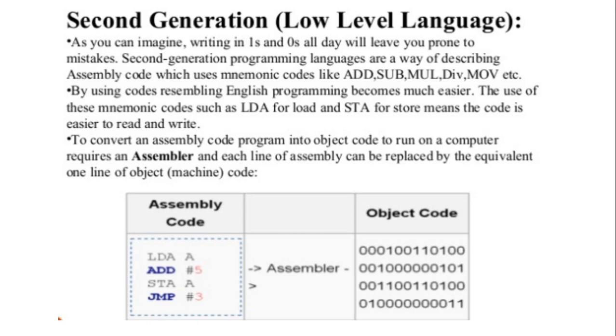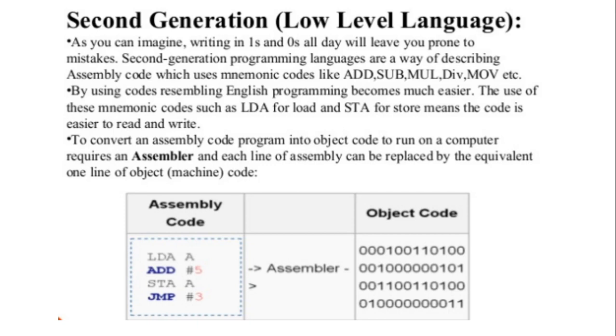As you can see on your screen, we have add, sub, mul, mov, which stands for move. These are symbols which represent a certain machine level code, a certain sequence of zeros and ones. So you can see that there is a slight improvement. We upgraded from zeros and ones to symbols, so now things are relatively easier.